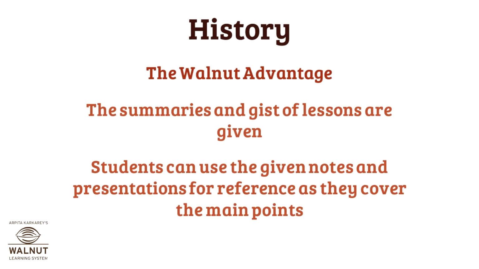The students have to be able to read fast and silently in order to manage rereading of the lessons for revisions. Now let us look at what is the Walnut advantage to learn history, and that is that the summaries and the gist of lessons are given. Students can use the given notes and presentations for reference as they cover the main points.